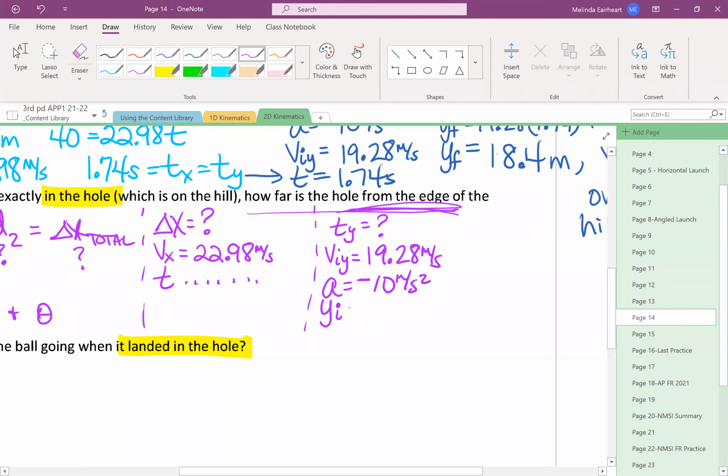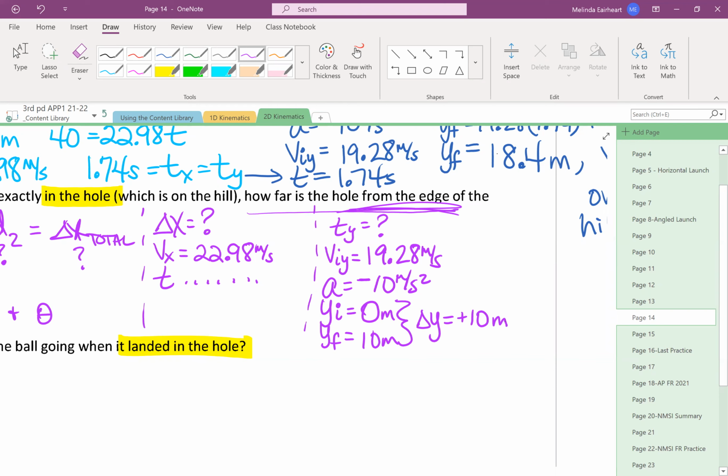The initial vertical position starts on the ground. Final lands in the hole, which is what height? Up 10. And if you wanted to, you could go on and say final minus initial, 10 minus 0. We get a positive 10. And that hopefully makes sense because under standard sign convention, when your ball or object ends higher than it started, that's a positive displacement, right?